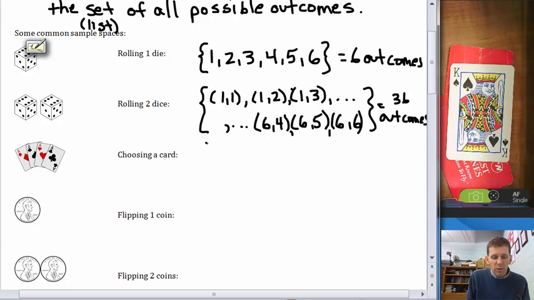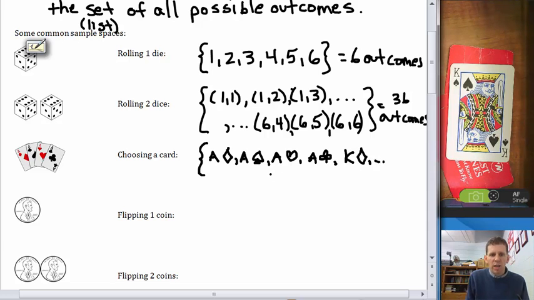Again, I don't find it necessary to list them all, especially if there's a large number of them, but I might do something like Ace of Diamonds, Ace of Spades, Ace of Hearts, Ace of Clubs, and then continue with the King of Diamonds, and I'm just going to do dots because you can kind of picture where that's going to go.